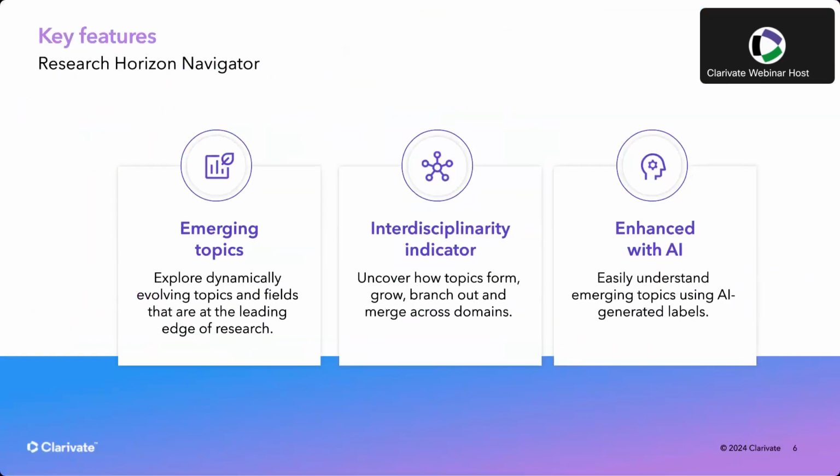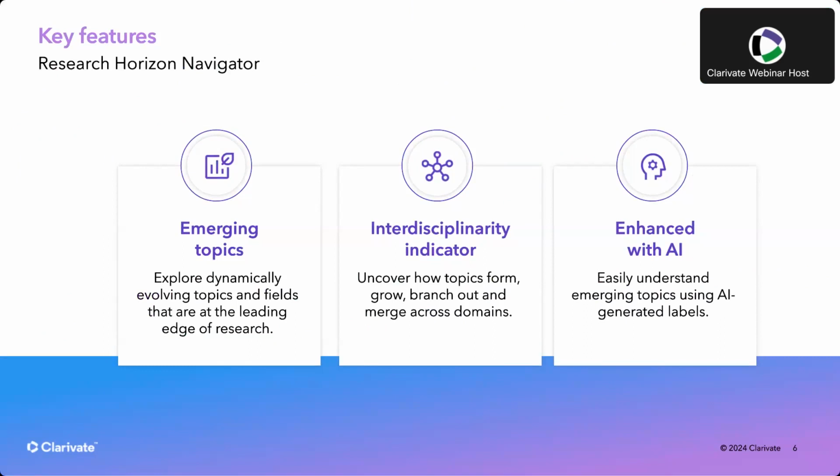Here again, what I want to mention in this slide is that it has three main key features in InCites. The first one is the identification, how you can explore and identify those emerging topics. The second feature is the interdisciplinarity indicator.